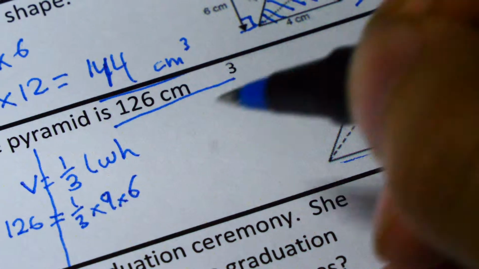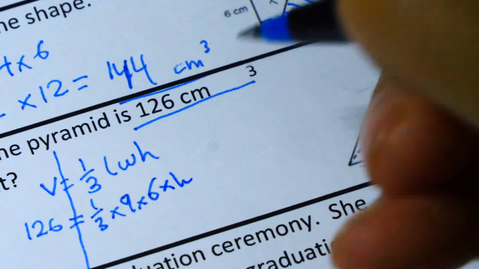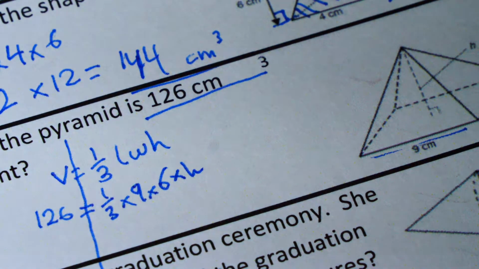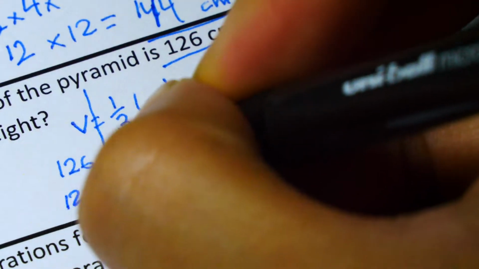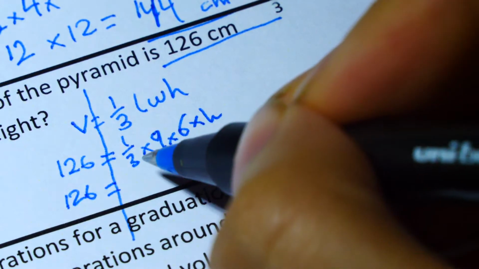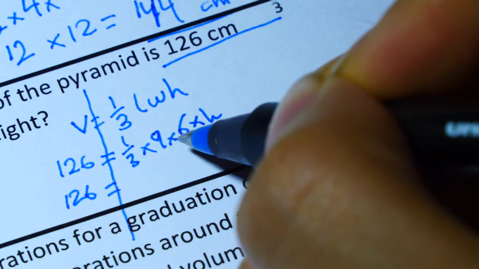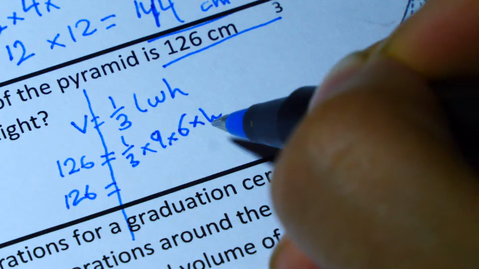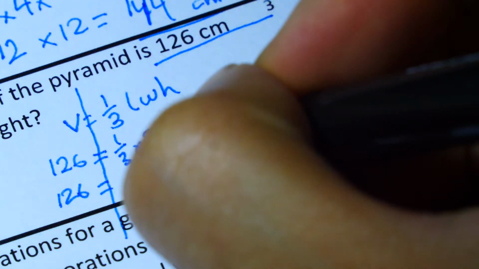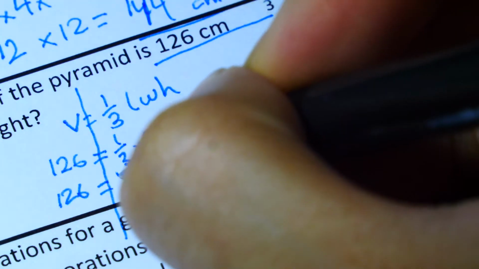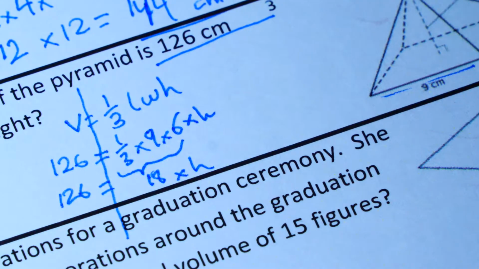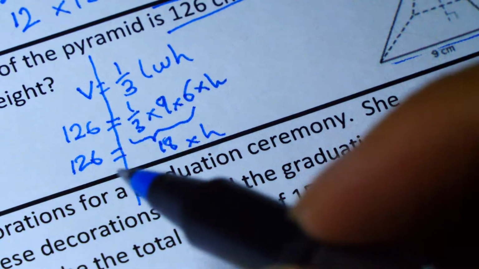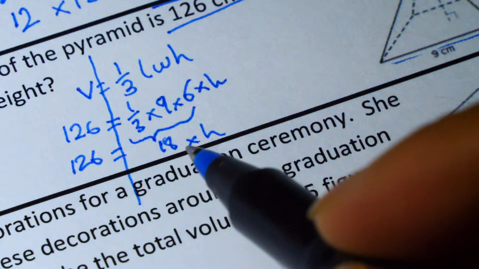The height we don't know, so times h. Okay, so let's simplify this. We have 126 equals 1/3 times 9 times 6 equals 18 times h. Okay, so we have 126 equals 18 times h.